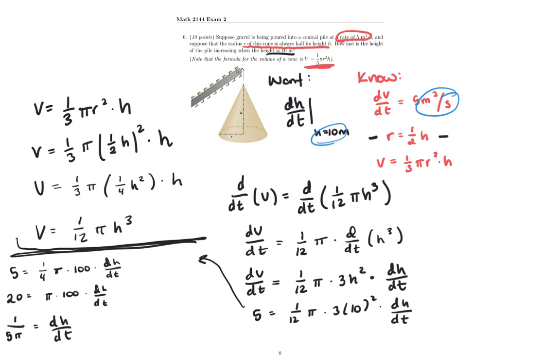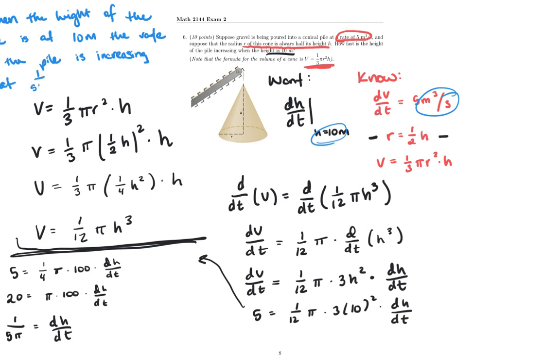I can say that when the height of the pile is at 10 meters, the rate of the pile is increasing at 1/(5 pi) meters per second.